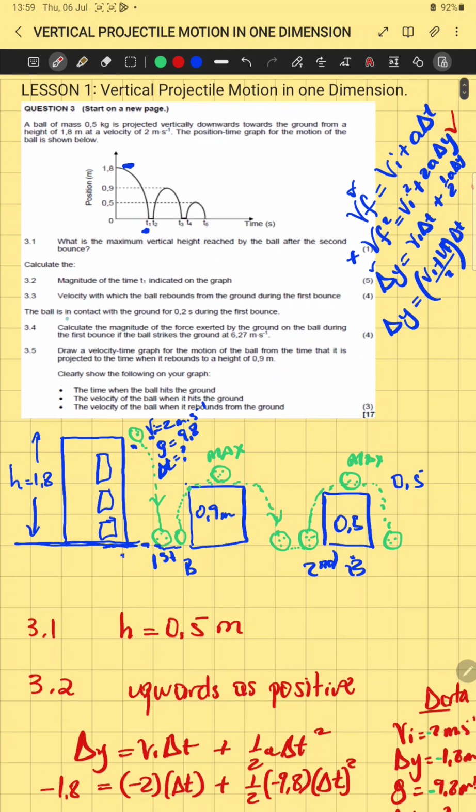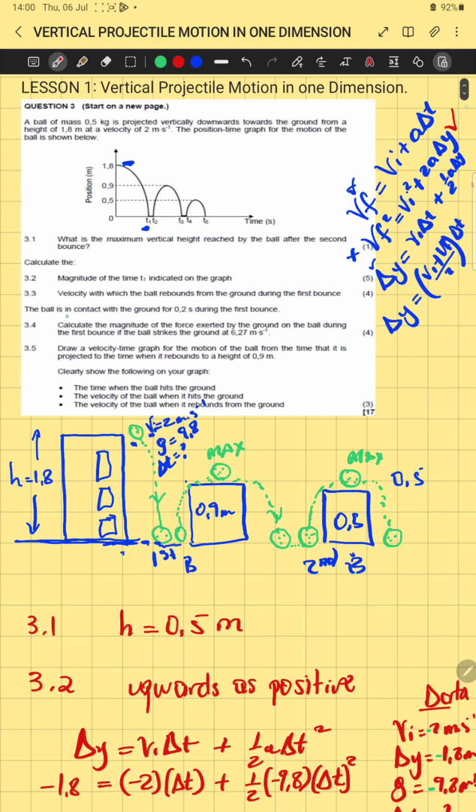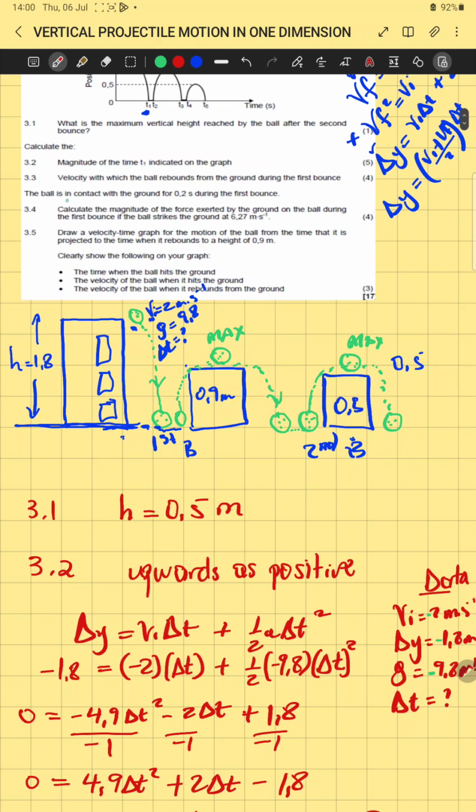Now the next question here says velocity with which the ball rebounds from the ground during the first bounce. So that means here, what are we looking for here exactly? We are looking for the velocity. Let me just try to clear this part a little bit. I just want to see what's going on here exactly.